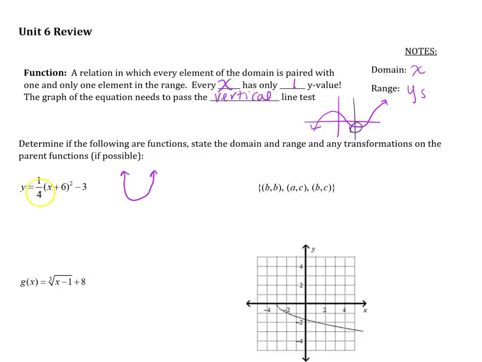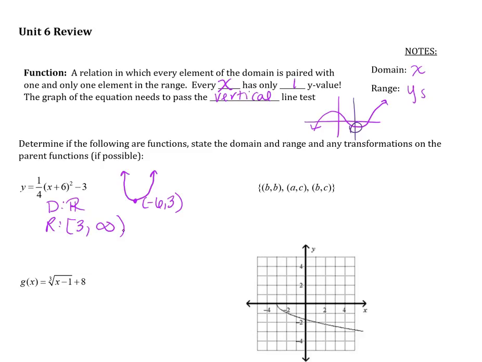Transformationally, I know that this is a vertical compression of 1/4, and this means left 6, down 3, which is why this vertex would be at -6, 3. The domain of this would be all reals, and the range, because it's opening upward, would be from 3 to infinity.